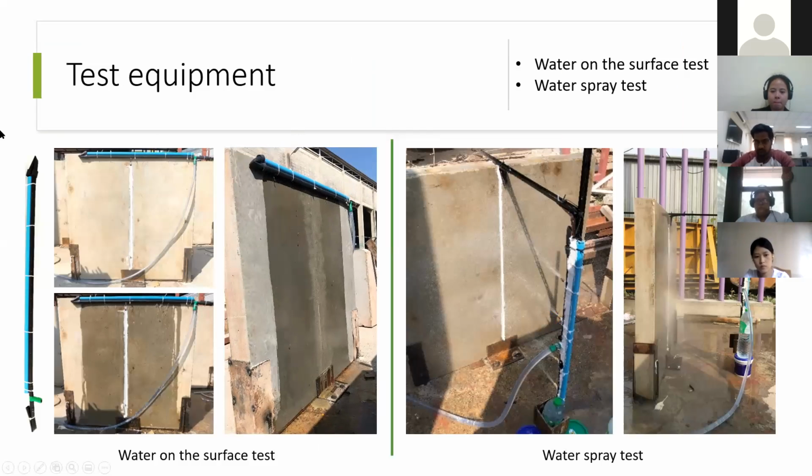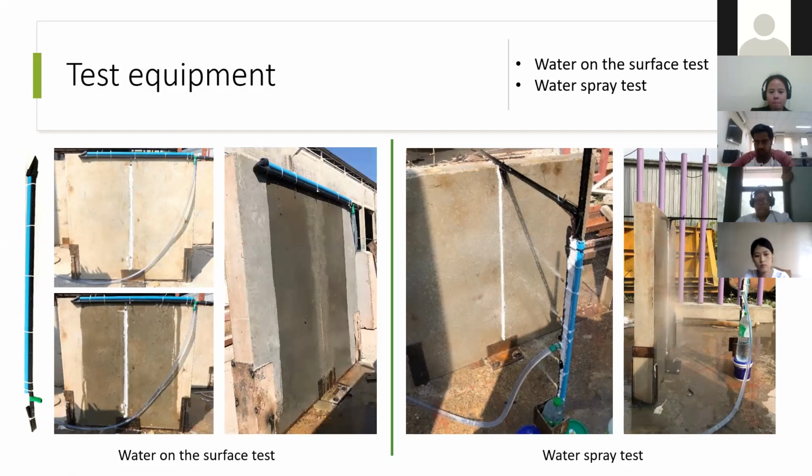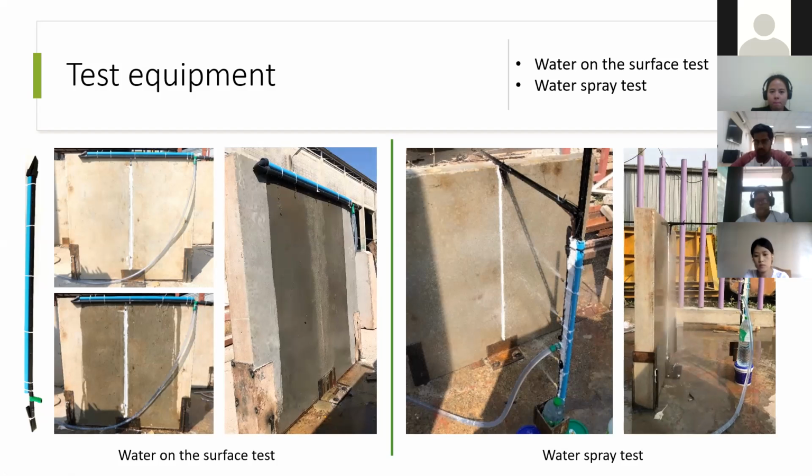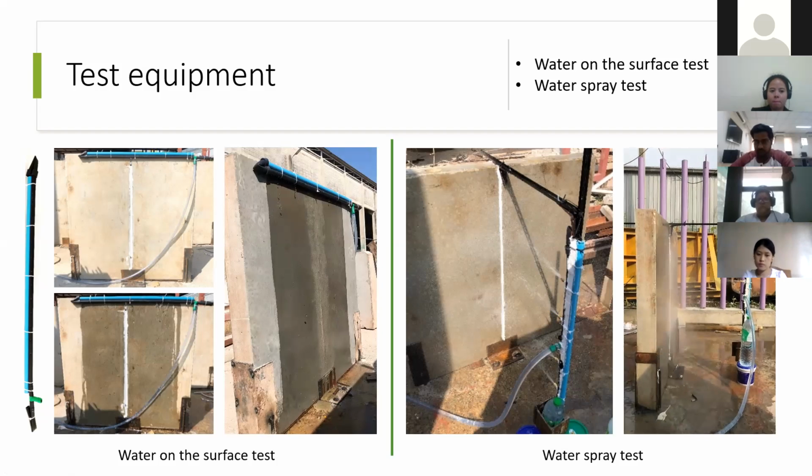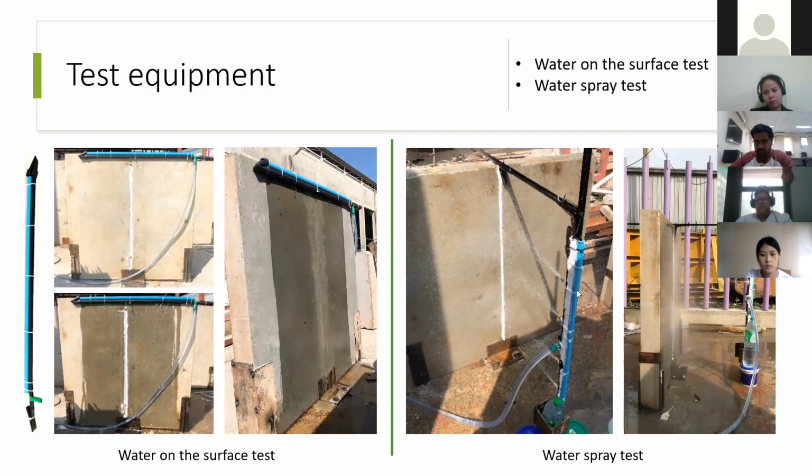For the water on the surface test, a pipe is punched with holes and put on the models, letting a film of water run on the surface to test the joint in the middle. The second test is the water spray test, for which I made a metal rack and put a spray nozzle on it to spray on the joinery area.